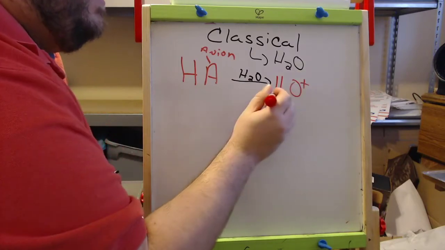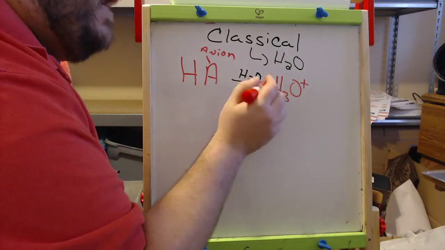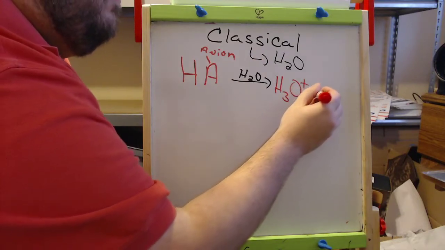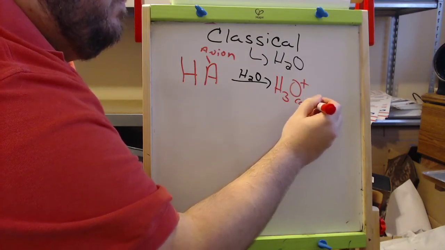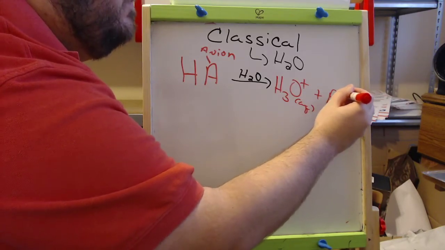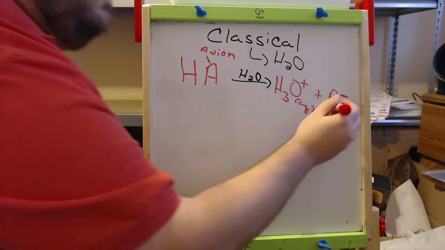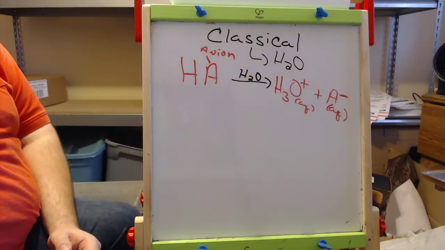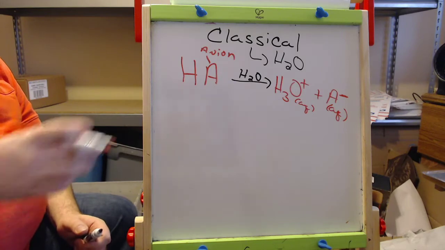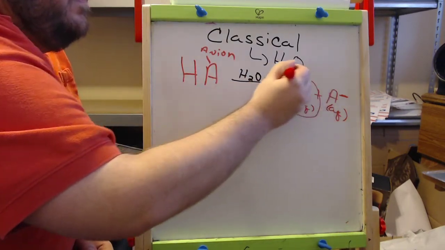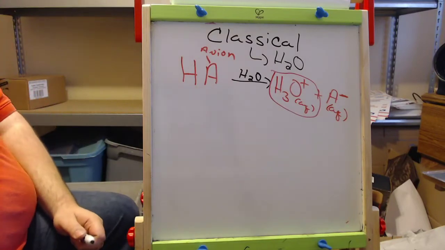This is an ion with a water with an extra proton, an extra hydrogen, known as hydronium, plus whatever my anion is. So I'm an acid under the classical definition if I'm placed into water and create this thing right here.